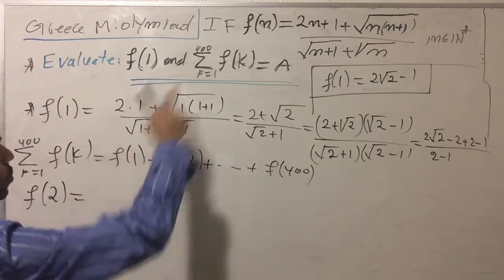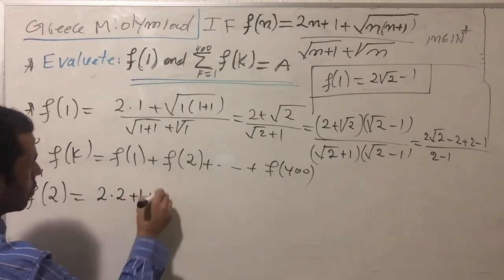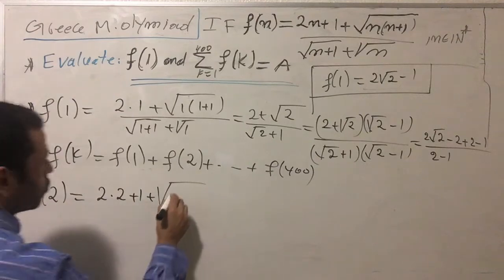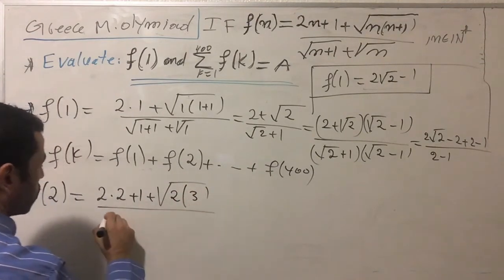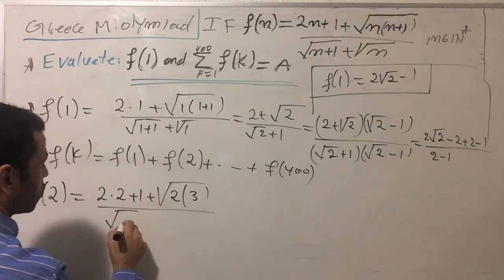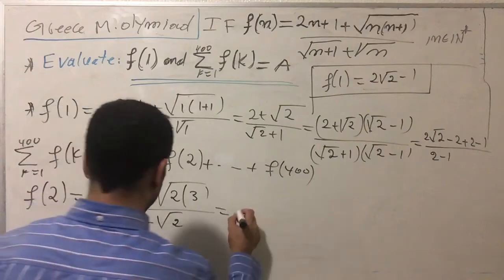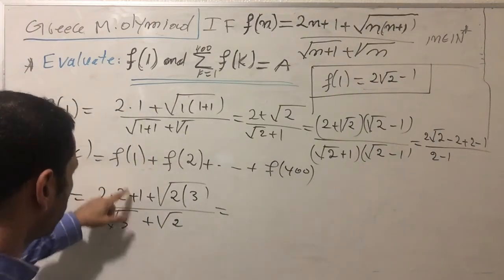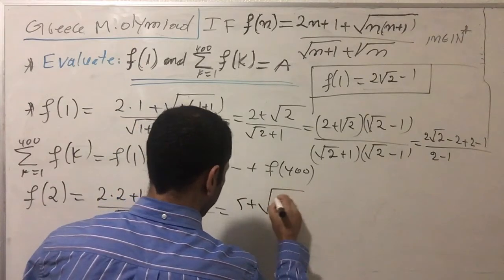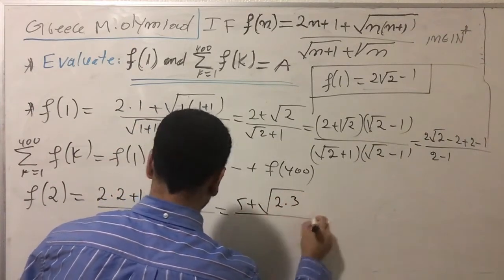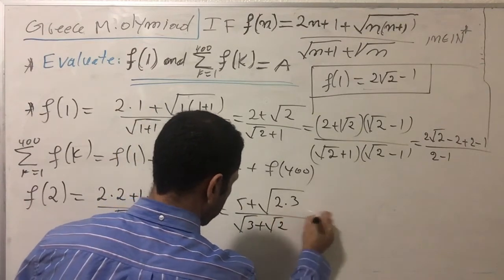by plugging number 2 into this function. We'll have 2 multiplied by 2 plus 1 plus square root of 2 multiplied by 2 plus 1, which is 3, over square root of 2 plus 1, which is 3, plus square root of 2. So I will have 2 multiplied by 2 is 4, 4 plus 1 is 5, plus square root of 2 multiplied by 3 over square root of 3 plus square root of 2.